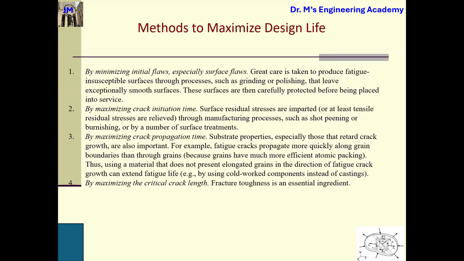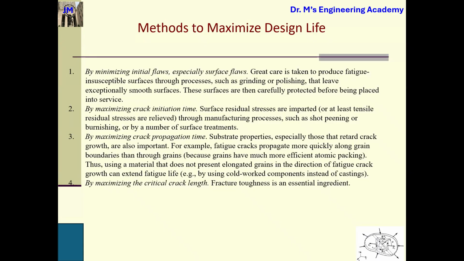How to do that? If the crack is propagating, how can you maximize the time it takes? Substrate properties, especially those that retard crack growth, are also important.